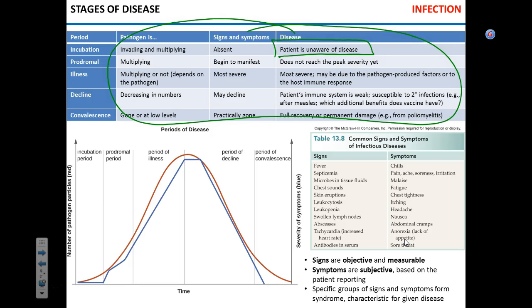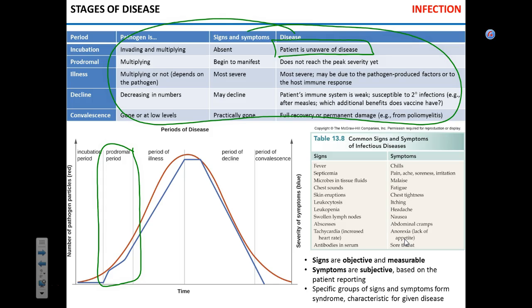Next, after the incubation period, there is a short prodromal period. The prodromal period is where the first symptoms appear. Again, using influenza as an example, that's when you start to feel there's something wrong. Scratchy throat, you're a little bit under the weather. You can definitely say when it starts.